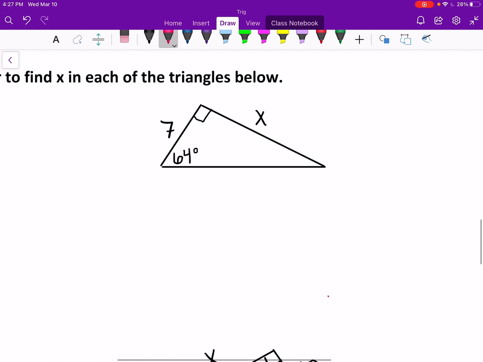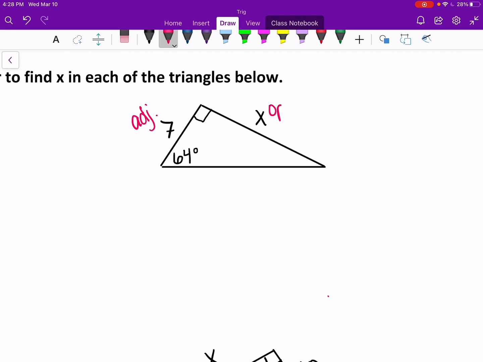Next example, we are given the angle of 64 degrees. And we are also given this side length over here, which is 7. And that side length is adjacent to our angle. And we want to find x.